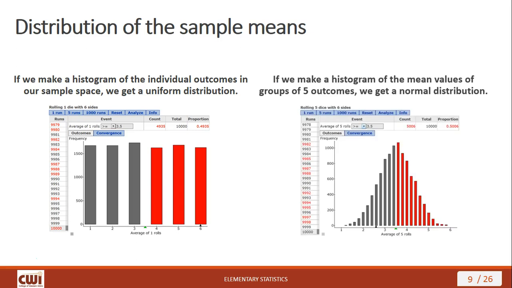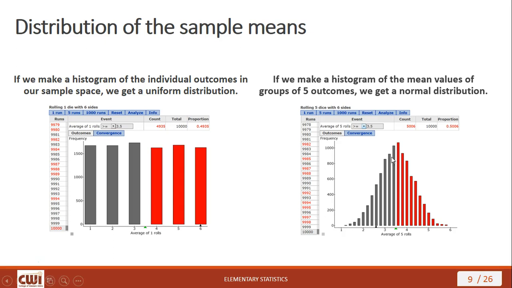If we make a histogram of the mean values in groups of 5 outcomes to represent rolling 5 dice at a time, what we get is a normal distribution. So the mean values are normally distributed about a mean value, which is the expected value.